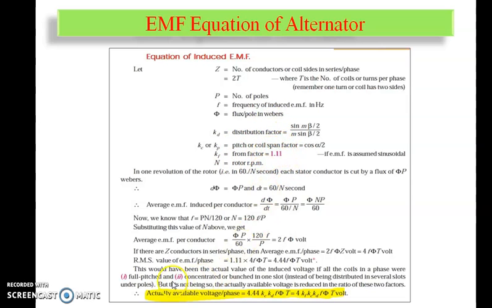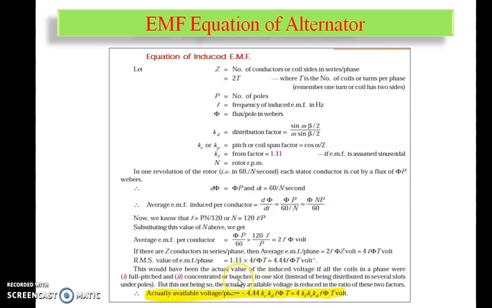This would have been the actual value of the induced voltage if all the coils in a phase were full pitch and concentrated in one slot instead of being distributed in several slots. But this is not the case, so the actual voltage is reduced by the ratio of these two factors. So the actual voltage per phase equals 4.44 Kc Kd f phi T.